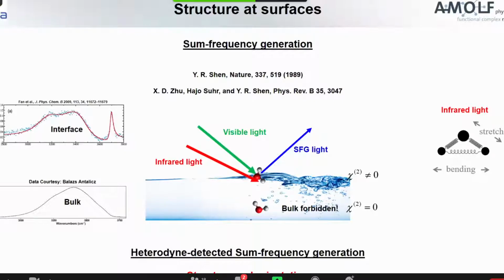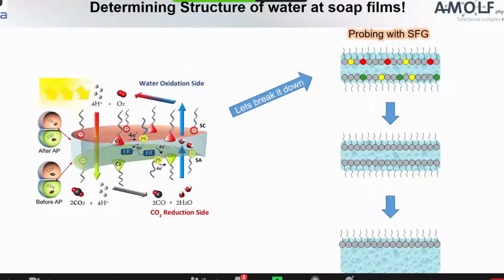Now, the future of this technique is that we will employ it for the proposed design of the soap films. And what we would be looking at is the structure of water when we put surfactant on top of it, when we make it into a film, or when we decorate it with photosensitizers and catalytic moieties.